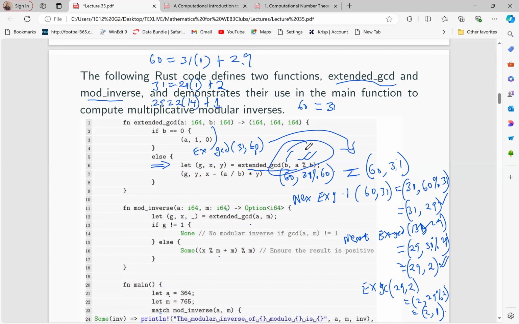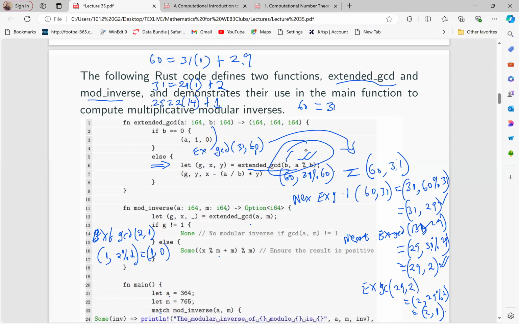And then lastly, it calls on extended GCD of 2 and 1. And what is that? This is the same as 1. Then the remainder of 2 on division by 1. What is this? This is 1, and the remainder here is 0.